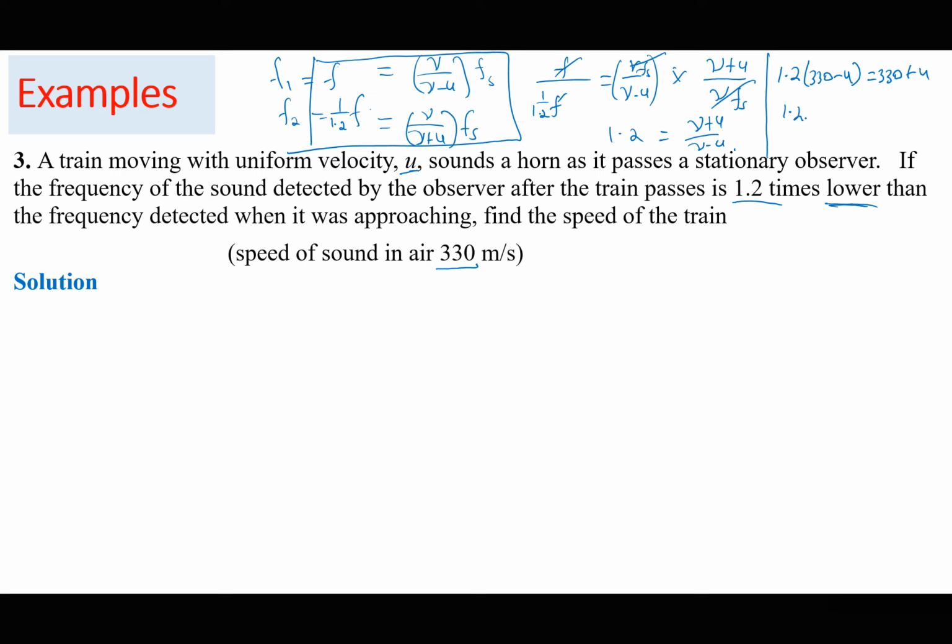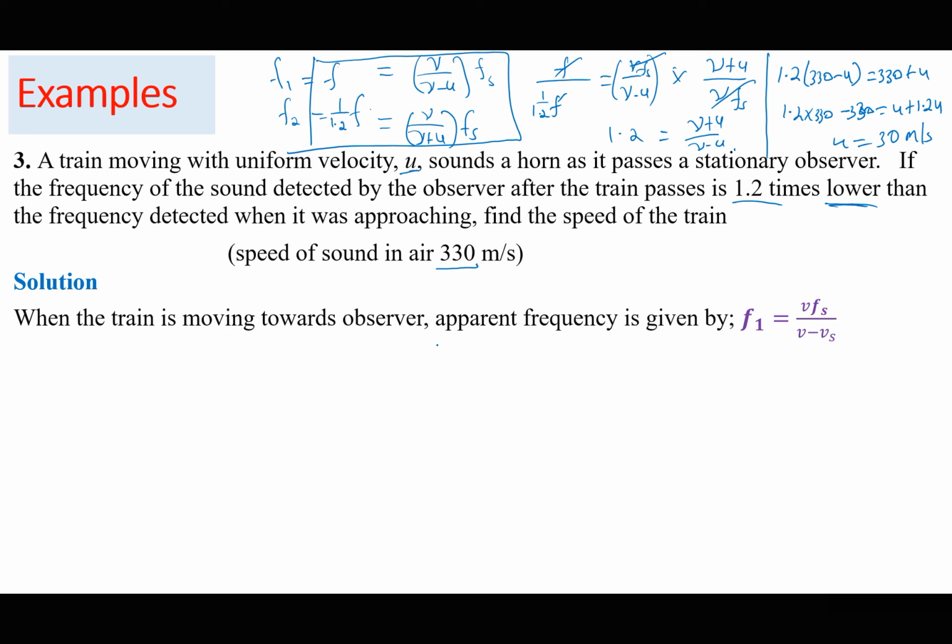So I have 1.2 times 330 minus 330 equals U plus 1.2U. So I'm just pressing my calculator to find U, because here I have 2.2U. The other side I have 1.2 times 330, then minus 330, divided by 2.2, which gives me 30. So U is going to be equal to 30 meters per second. That was just algebra.